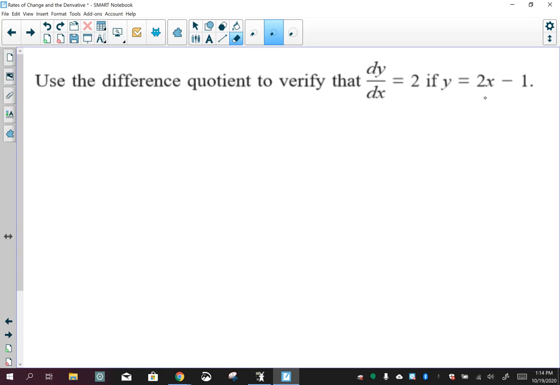So use your difference quotient here and plug this in and see if you get this answer back, which is exactly what you should find. When you do the difference quotient in this piece right here, you should get the number 2 as your dy dx. So take a few moments, hit the pause button, and go through that, all right? So hit the pause button now.